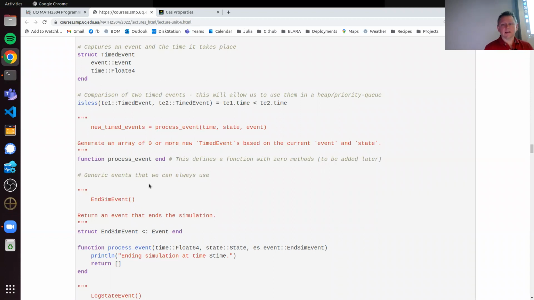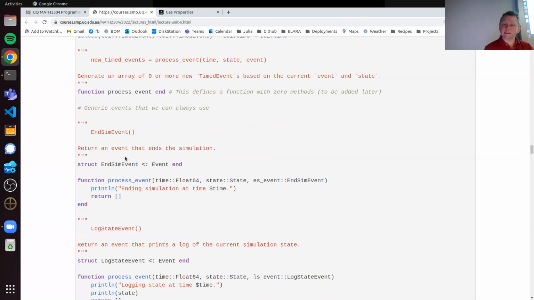There's going to be a built-in event called EndSimEvent. If you remember, both the simulators we wrote already were constantly checking every loop whether the simulation should end, right? This will replace that check for us. And doing it this way makes it very dynamic.